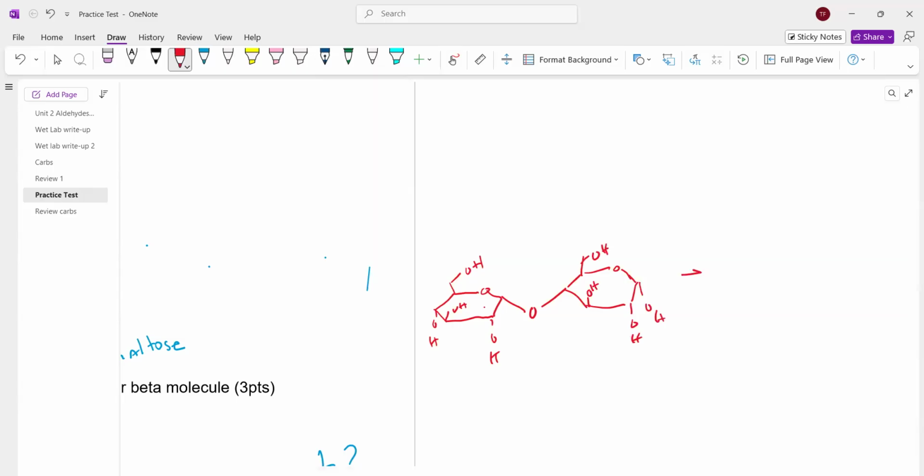Okay, so we're going to open this up now, right here at the hemiacetal.